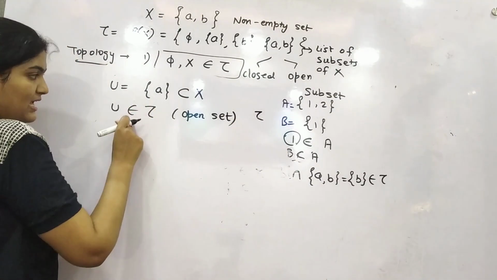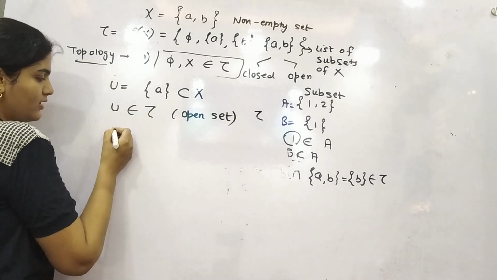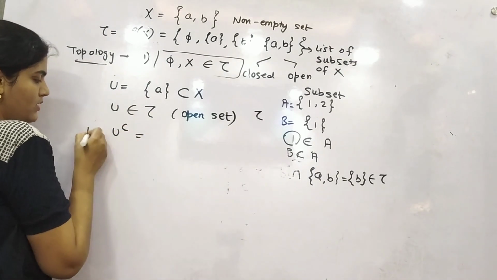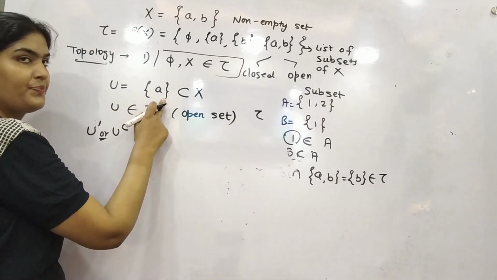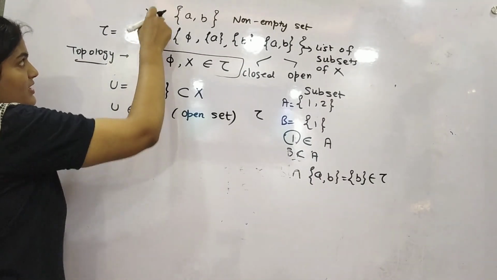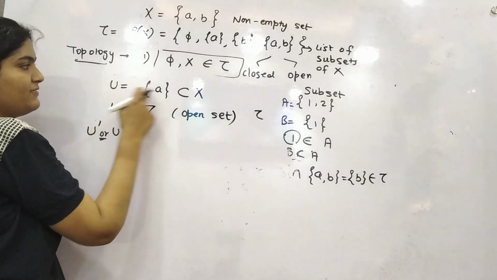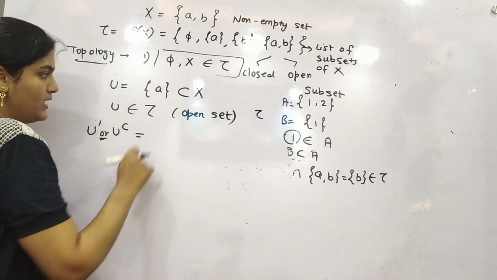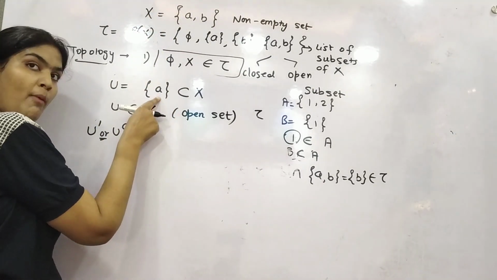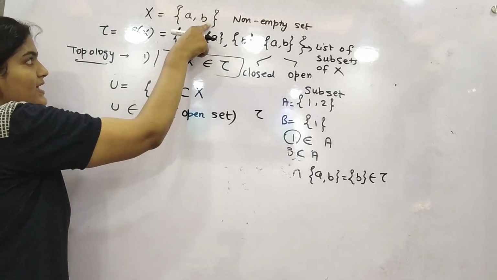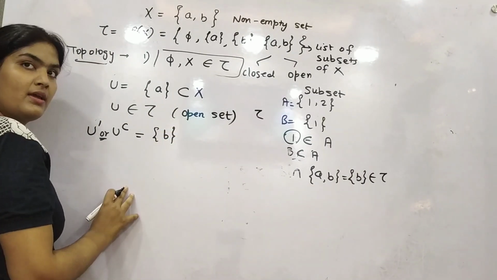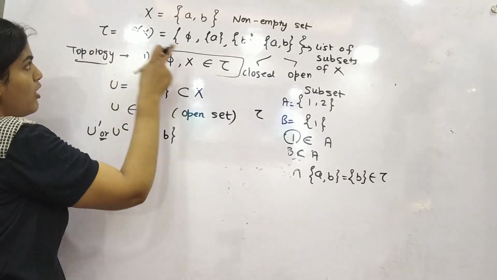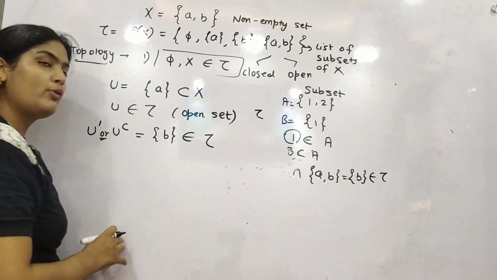Thereafter, if you take the complement of that particular set, this is A, extracted from X, because we have taken U as a subset of X. The complement of A, that means not A, is B, right? And B also belongs to that topological set.